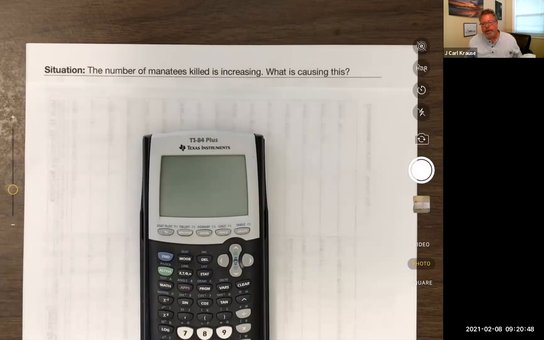Okay, so here's the situation that I want to start looking at, and this may be an example in your textbook, I'm not sure: the number of manatees killed is increasing, and the question is, why is this happening? What's causing this? And so hopefully you guys know what a manatee is. A manatee is a slow, large water creature that swims in the shallow waters, primarily off the coast of Florida.